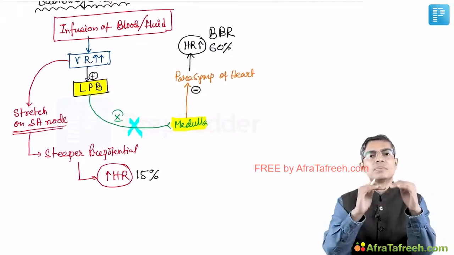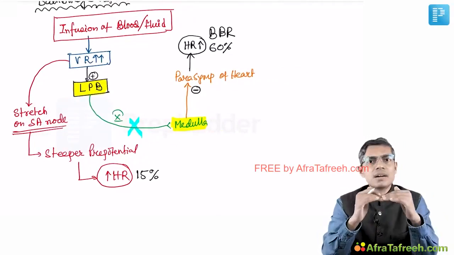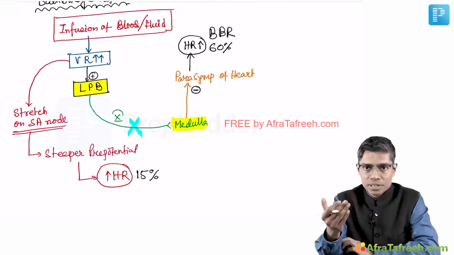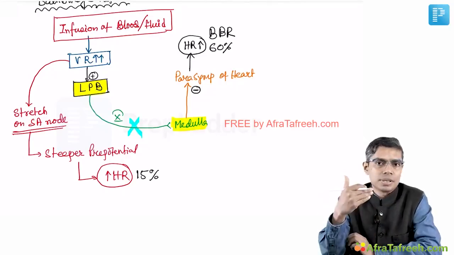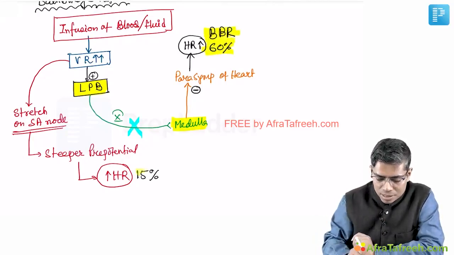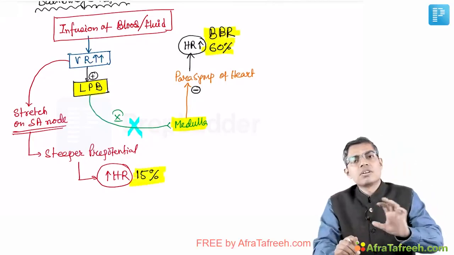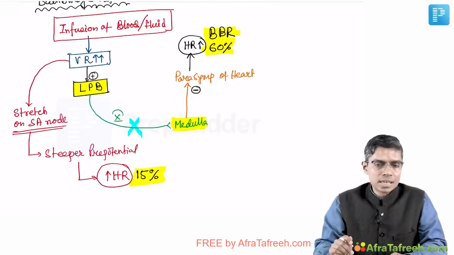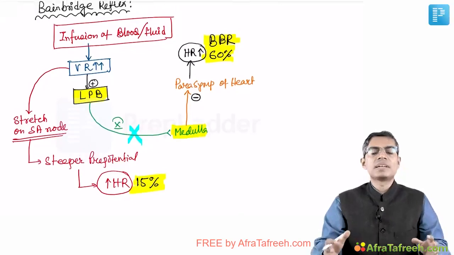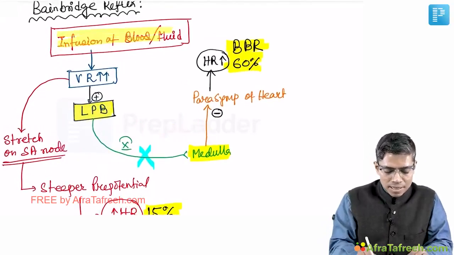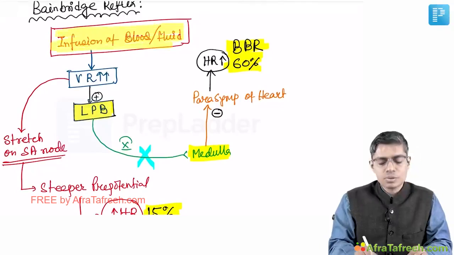So if your basal heart rate is 100, a 75% increment of heart rate can be possible by these two pathways: one is the direct Bainbridge reflex and the other is the indirect stretch on the SA node, right? So I can understand that a 75% increment of heart rate is possible by infusion of blood or saline to a person by these two reflex pathways.